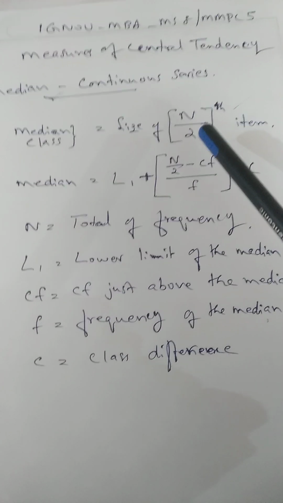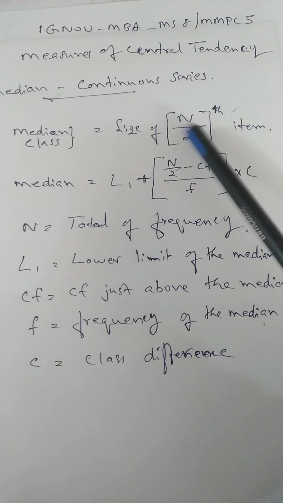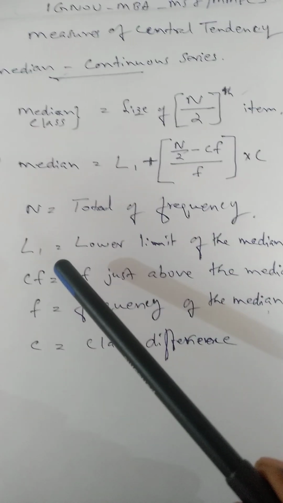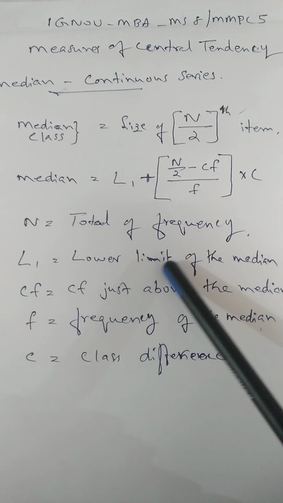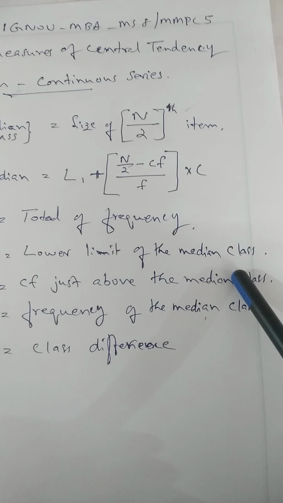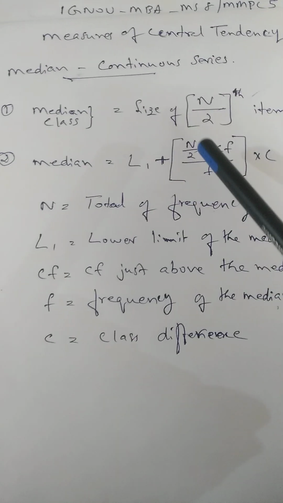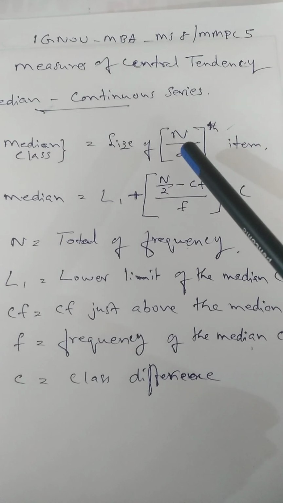Here, what do the letters denote? N is equal to total of frequency. L1 is the lower limit of the median class. N by 2 is calculated by the first formula.